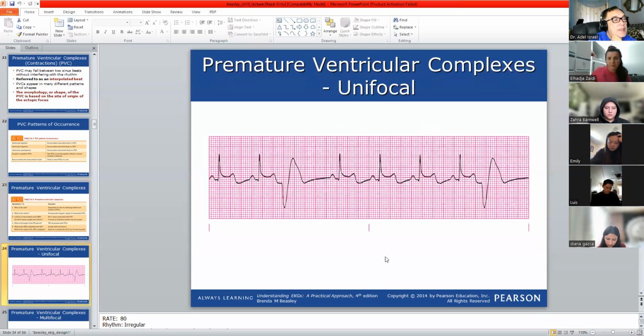El-Hajja, can you go by this strip? You can or you can't? The heart rate is 80. Let us count. 1, 2, 3, 4, 5, 6, 7, 8. Very good. 80.